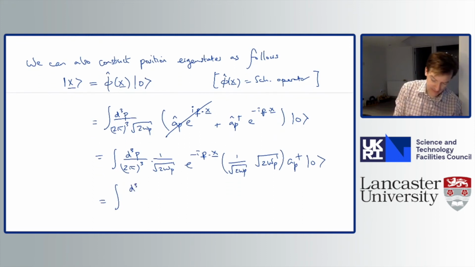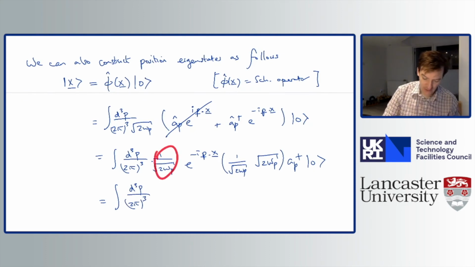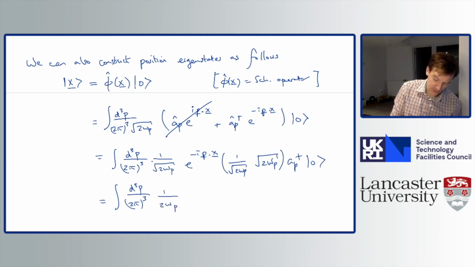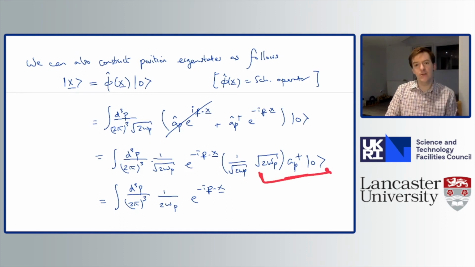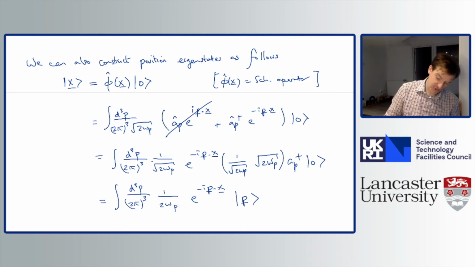We've got the d3p over 2 pi cubed, and we bring together the 1 over the square root of 2 omega p factors, with e to the minus i p dot x. Then this combination of root 2 omega p AP dagger 0 is simply the momentum state that we had already introduced.